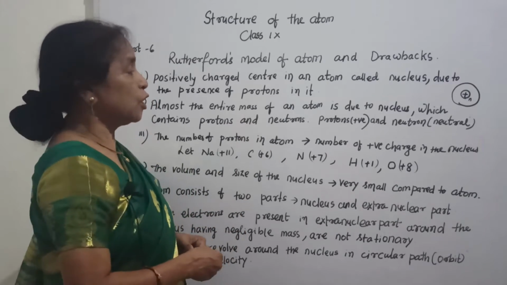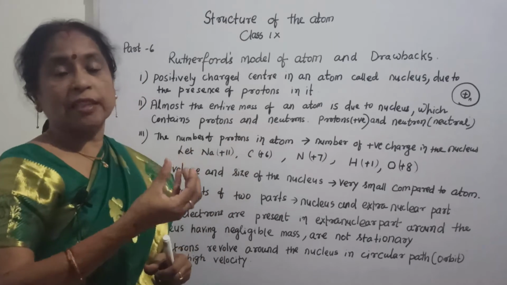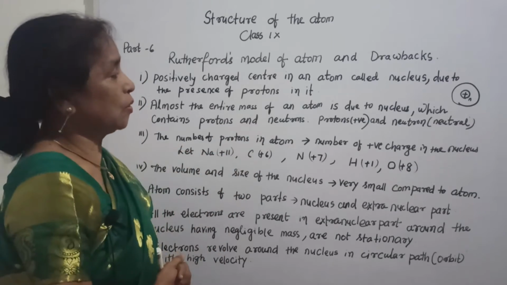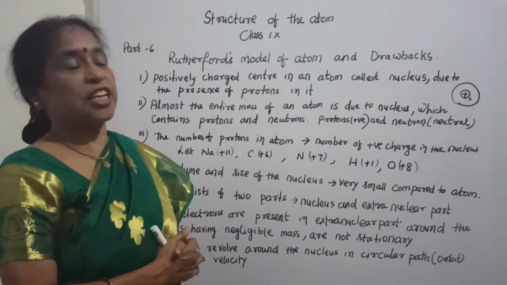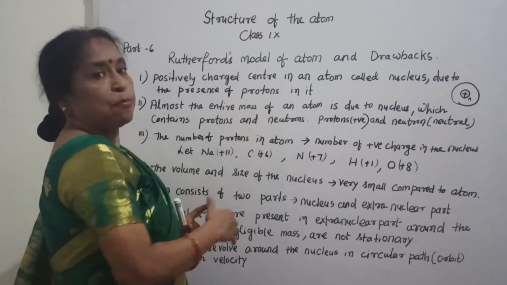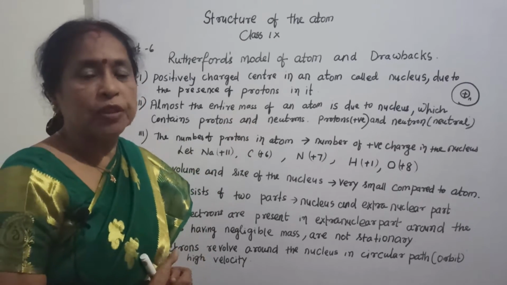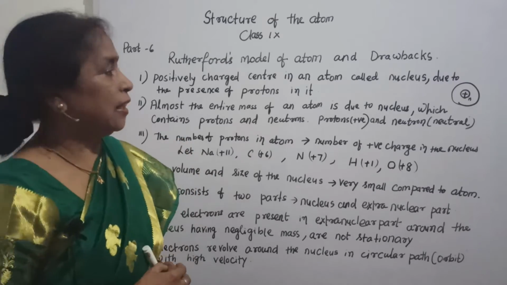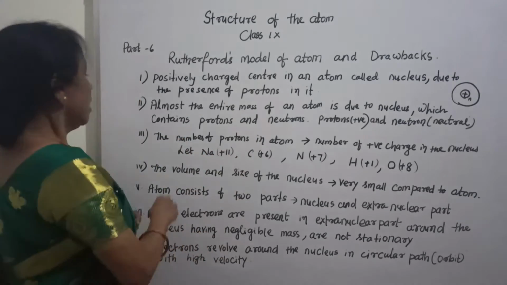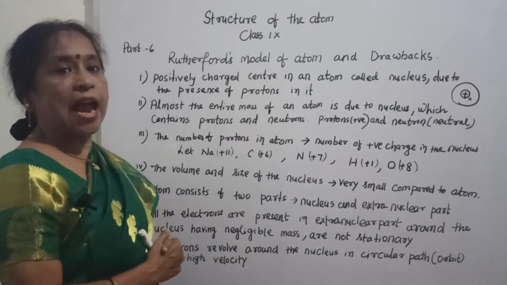The mass of one proton is equal to one hydrogen mass, and similarly the neutron is also the same. That is why the entire mass of the atom is due to the presence of the nucleus.